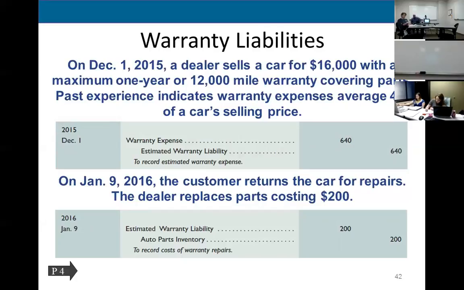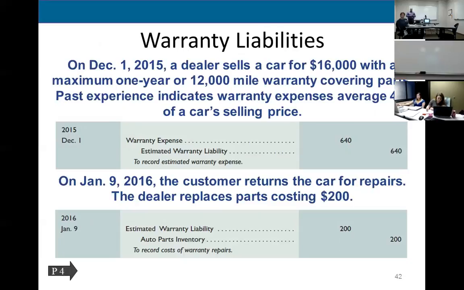So in the reporting period, December 1st, we recognize the $640 warranty expense. Remember, the warranty expense must be estimated and recognized within the same period. Due to the matching principle, it must match the period in which the revenues were earned.